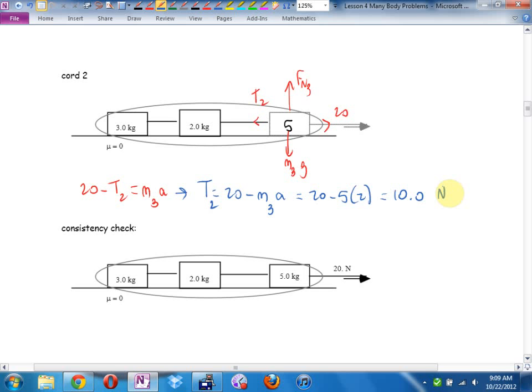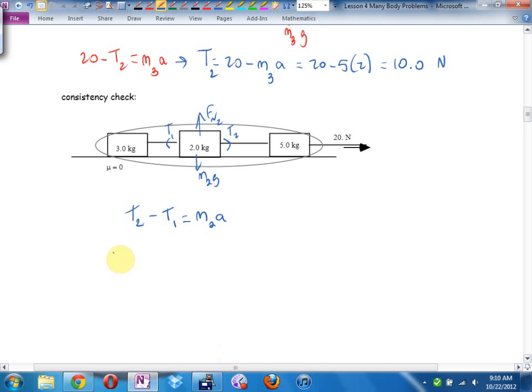Consistency check. If I finished this test early, I would go back and check on the middle one. And if I get the same answer there, yay, I probably got all of them right. So over here I have tension 2, tension 1, normal force 2, M2G. I would say tension 2 minus tension 1 equals M2A.